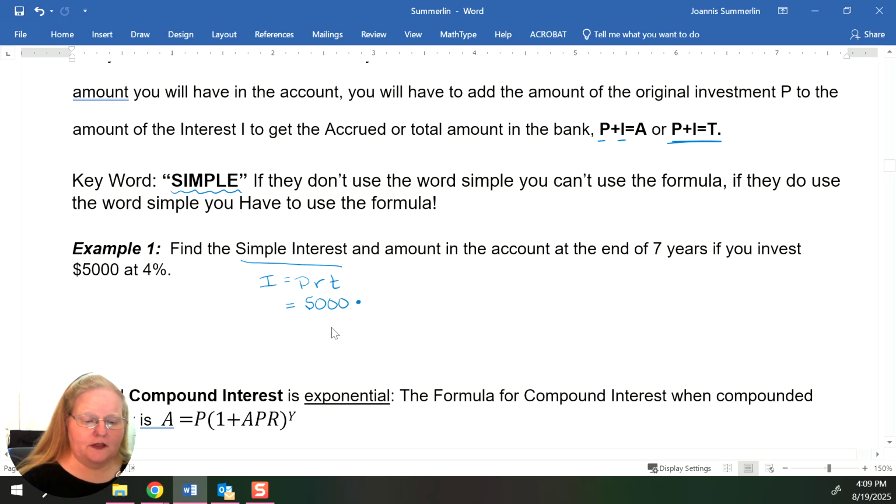My rate is 4%, but I can't put a percent into my calculator until I put it as a decimal, so that's 0.04, got to change it to a decimal. And then my 7 years, that's my time. Multiplying all that together, I get 1,400.